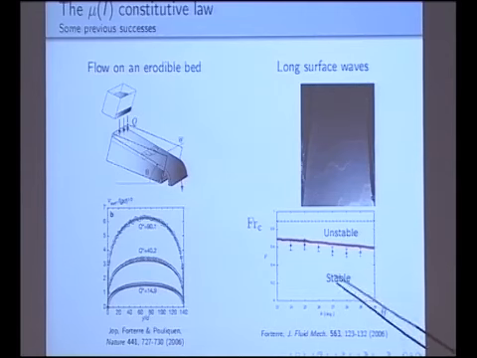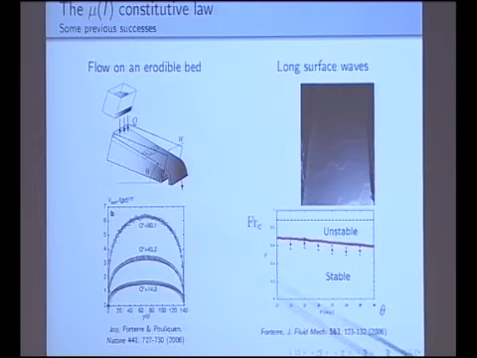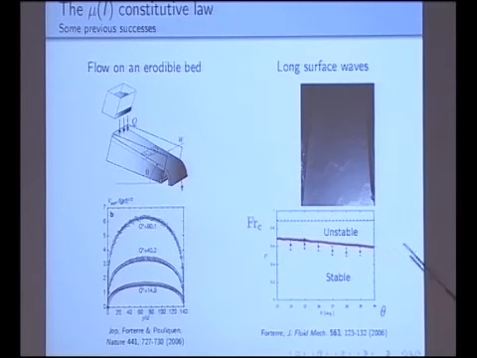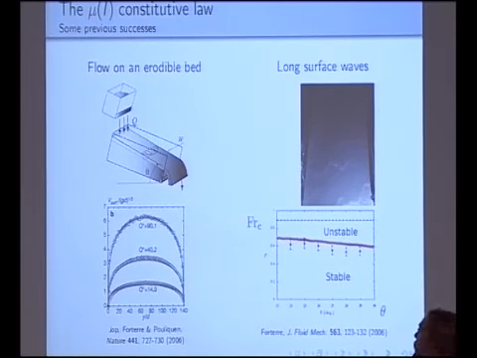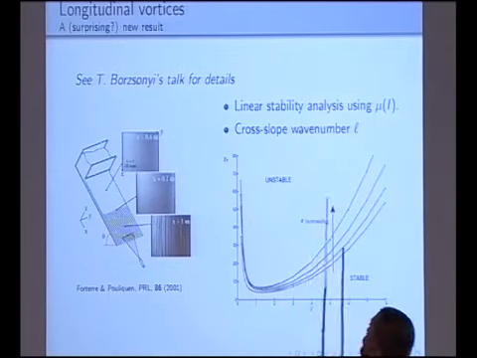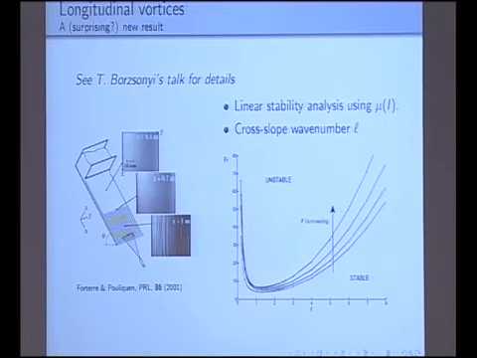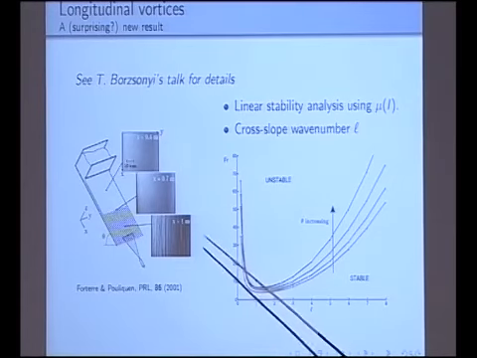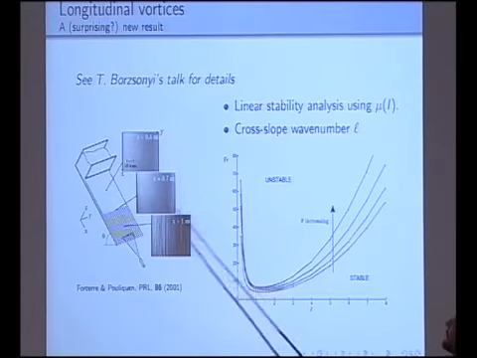And it can do a stability analysis and get the stability criteria for roll waves on an inclined plane. That also matches quite well. Incidentally, the red line matches the data quite well from this mu of I law. The dotted line up here is one of the best efforts of a shallow water model. So perhaps there's some good reason to be considering this proper 2D approach.